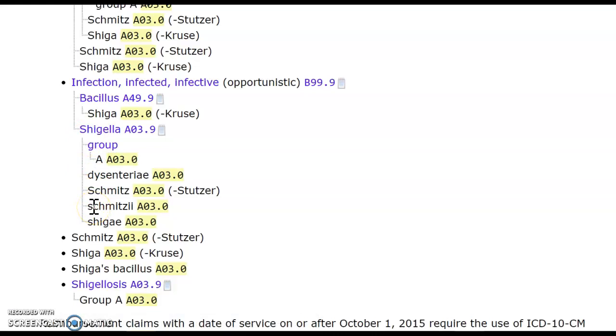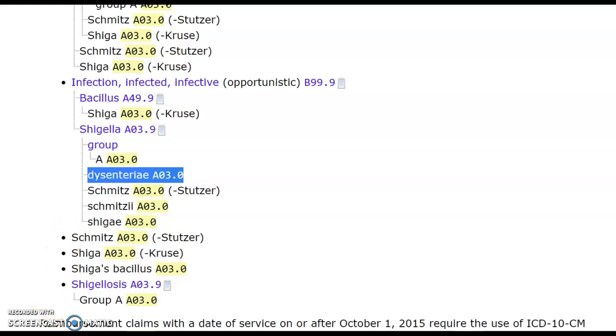These are the indentations given to us to follow the indented wordings below so that we can connect the words together and follow the right word for the right diagnosis. So our code matches A03.0 for shigellosis, Shigella dysentery, or dysentery Shigella.